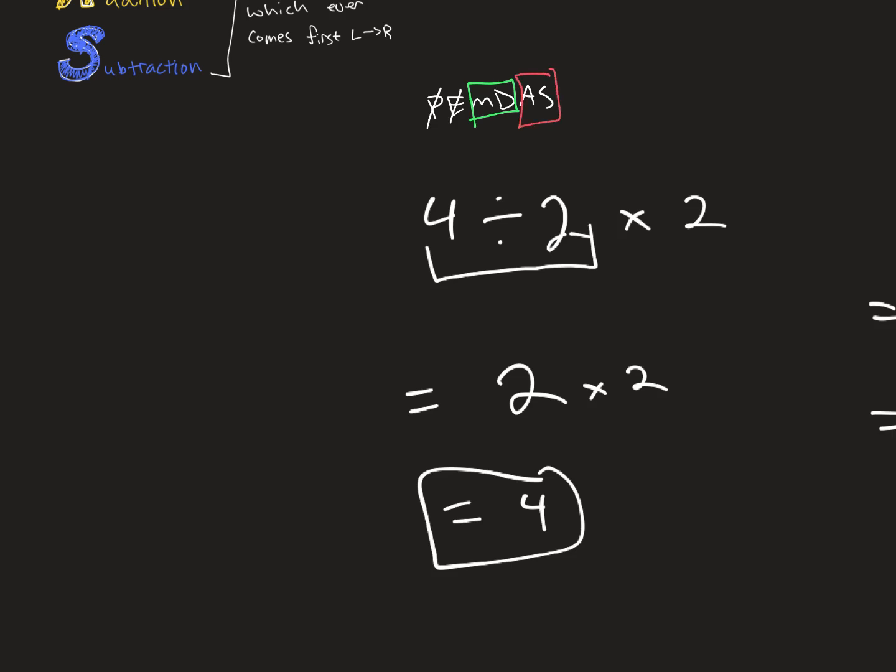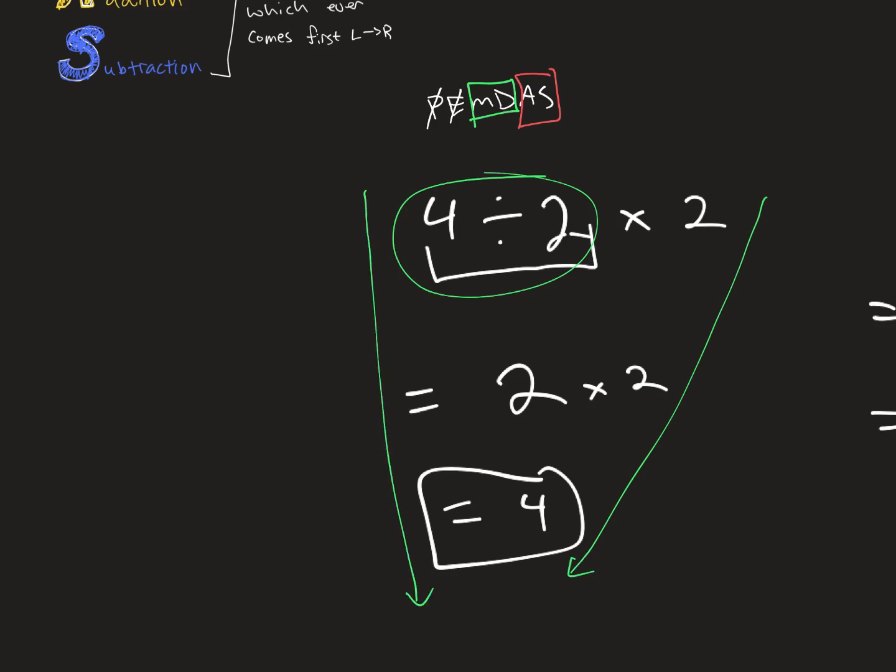We see that division comes first, so we have to solve for those two terms. I call this kind of like the funnel. Your problem should be funneling down towards your answer. So with an expression, we would write equal, because negative 4 divided by 2 is equal to negative 2, times 2.